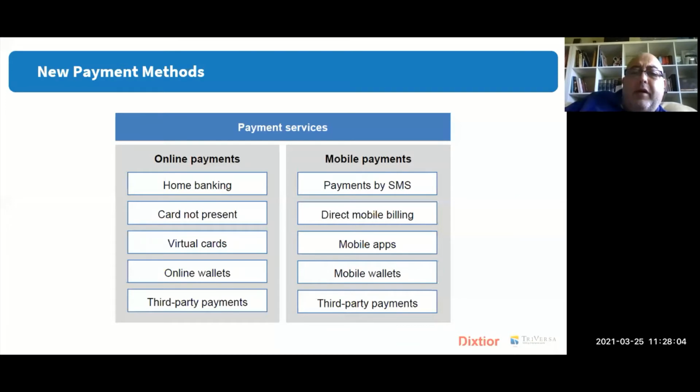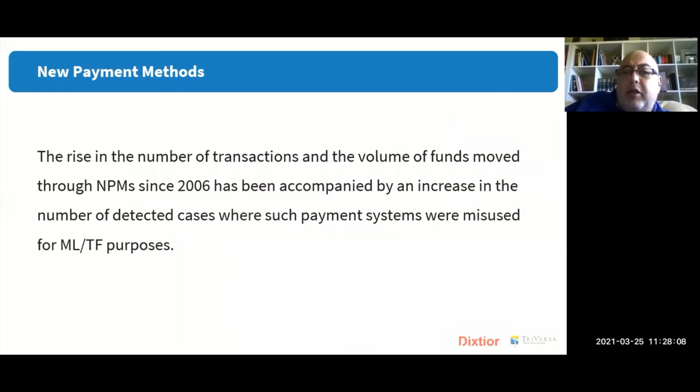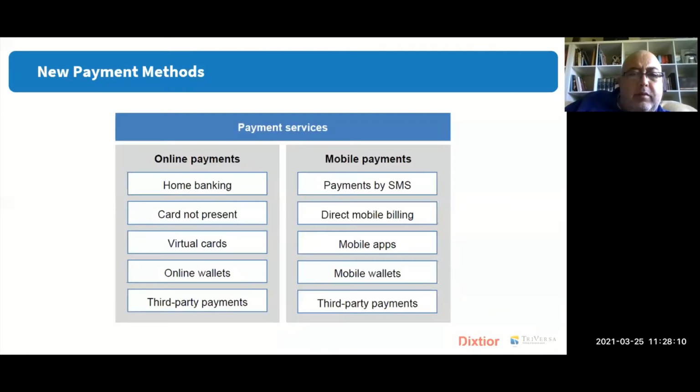And you have third-party payments. In mobile payments, you have payments by SMS, direct mobile billing, mobile apps, mobile wallets, and also third-party payments. We will focus on mobile payments and mobile money in another webinar that we will have soon.